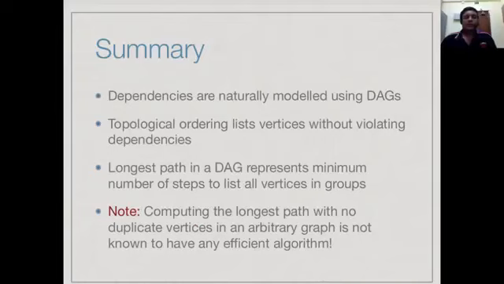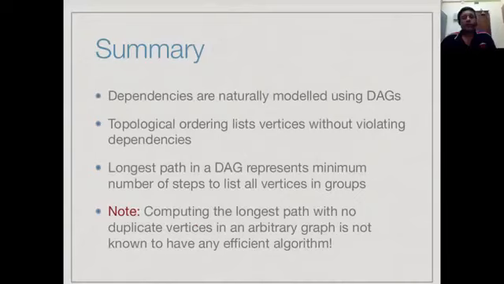So DAGs are very useful because there are many situations where we want to model dependencies between various objects. And topological ordering is a canonical algorithm to list out vertices without violating dependencies. And what we have seen today is that we can compute the longest path in a DAG.